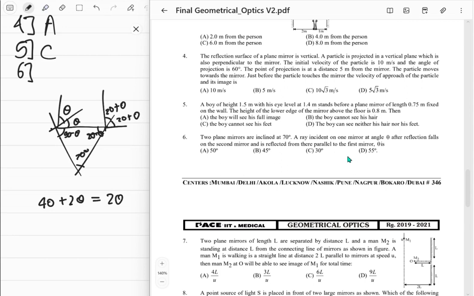Oh well, that's unexpected. These angles must be the same. Reflected parallel. Well, this line is the same, right? So this must be the same as that. But that means 40 is equal to 0, which makes no sense. Where am I going wrong with this?